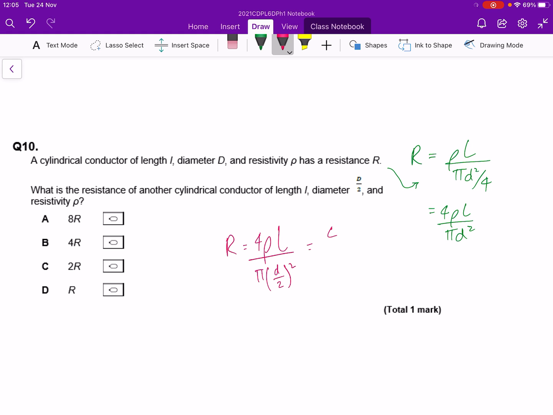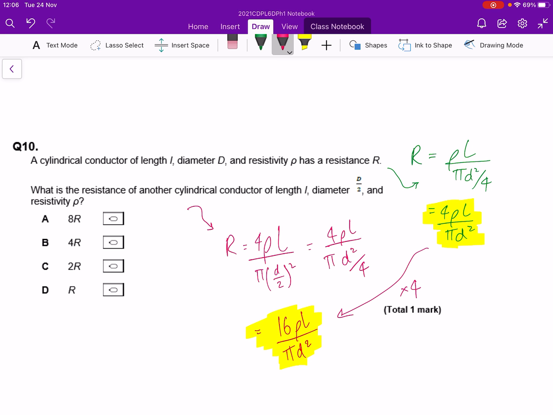This is going to be 4 rho L over pi d squared over 4, which is going to be 16 rho L over pi d squared. So now, when we compare these two, we can see that the second conductor has a resistance 4 times bigger, right? This is times 4. So 4R instead of R, which gives the answer as B.